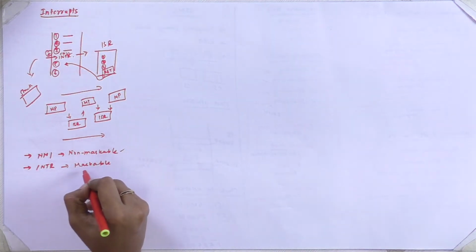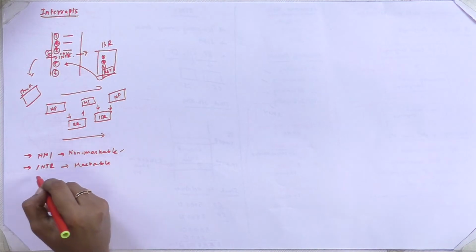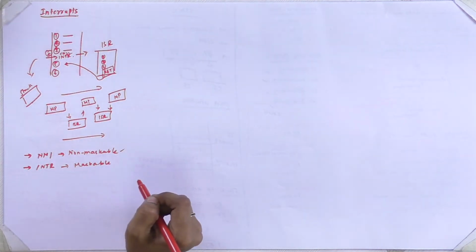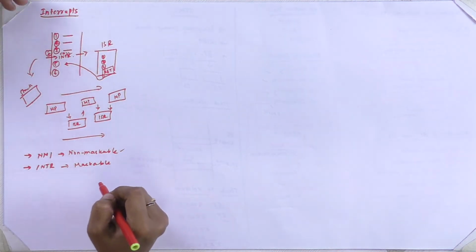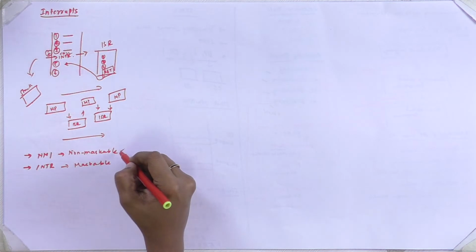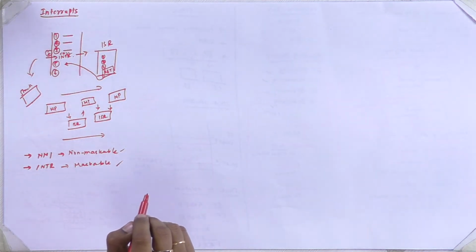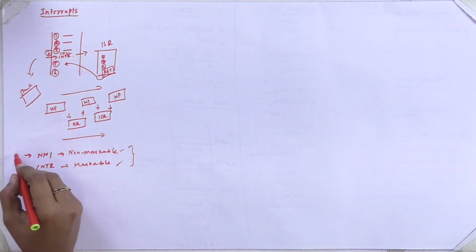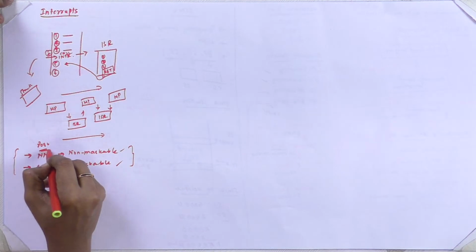But if any maskable interrupt is given via the INTR pin, then based on its status the processor can delay or reject the interrupt request. So this is the difference between the NMI and maskable INTR pins. These are the two pins used for receiving interrupts in the 8086 microprocessor.